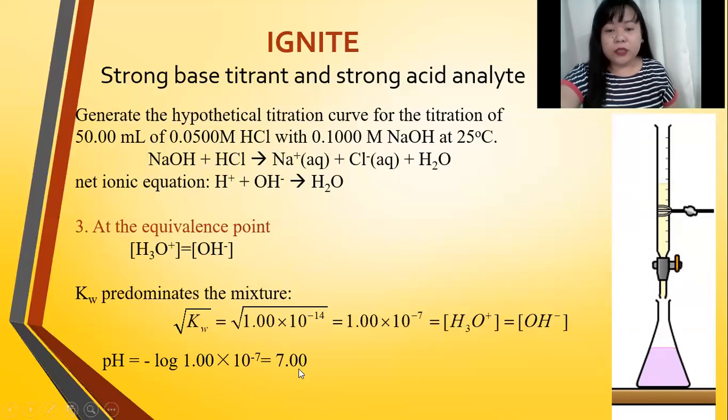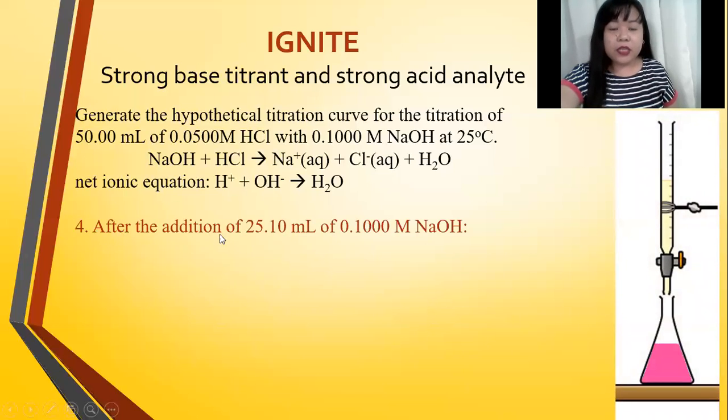Again, reported in 2 decimal places because most pH meters only report up to 2 decimal places. And again, looking at the illustration, if we are using phenolphthalein, then the endpoint should be a pale pink color.